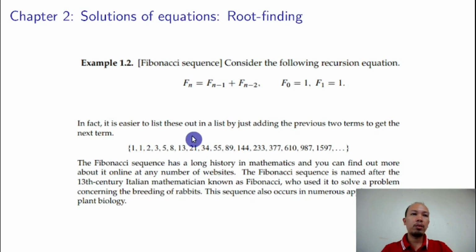If you want to find f sub 1000, you will need the 999 terms, all those terms, to get the term that you want to determine.